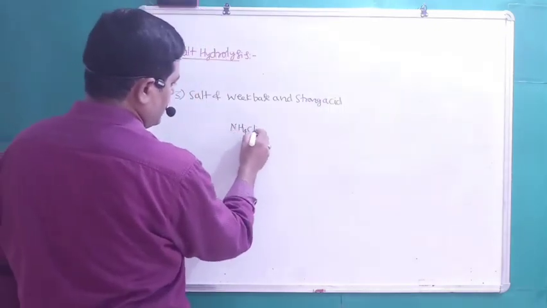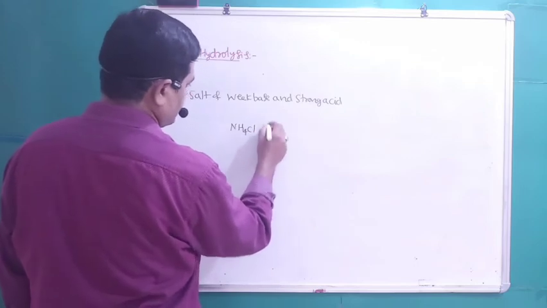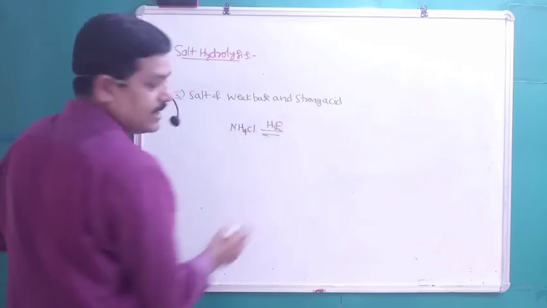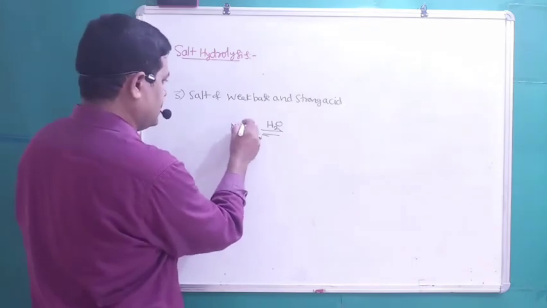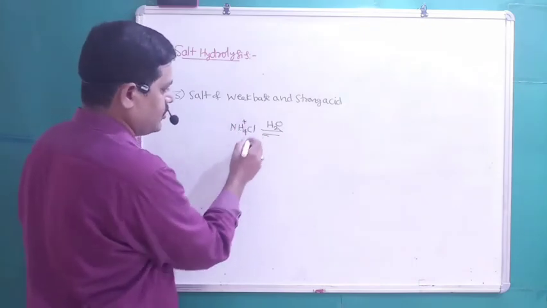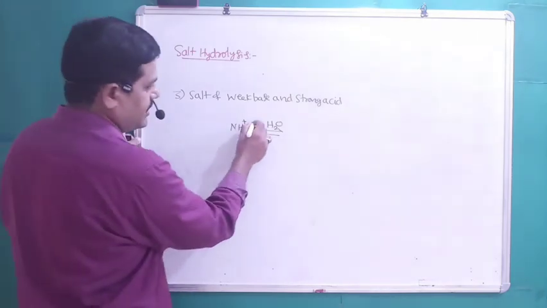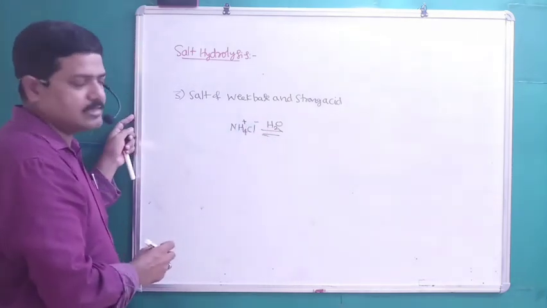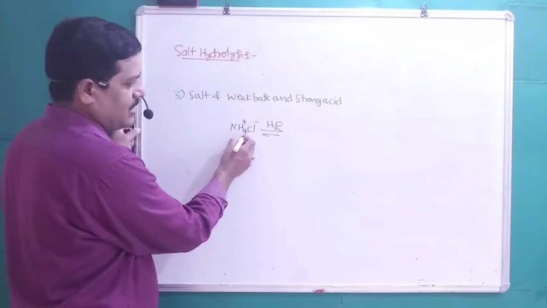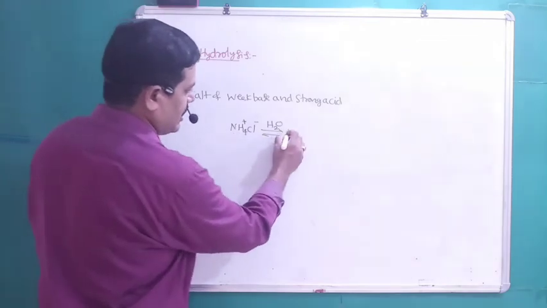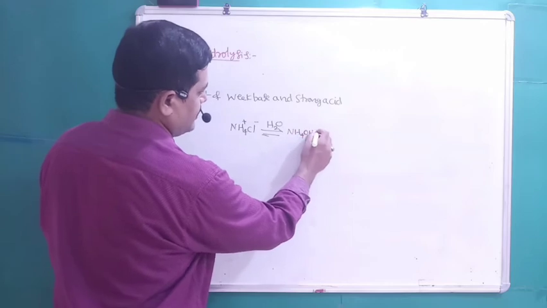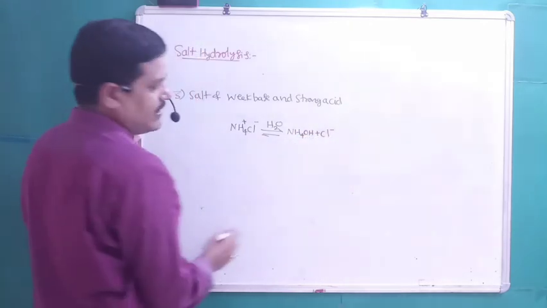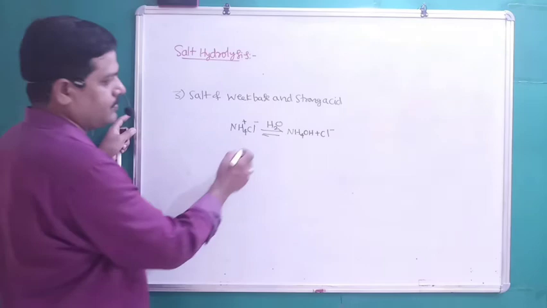When we put ammonium chloride in water, NH4 plus is from the weak base ammonium hydroxide. Cl minus is from the strong acid HCl. So the weaker component of the salt will undergo hydrolysis. It will take OH minus from the water. Cl minus will remain as a spectator ion.